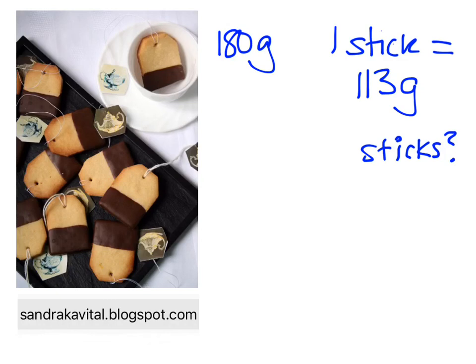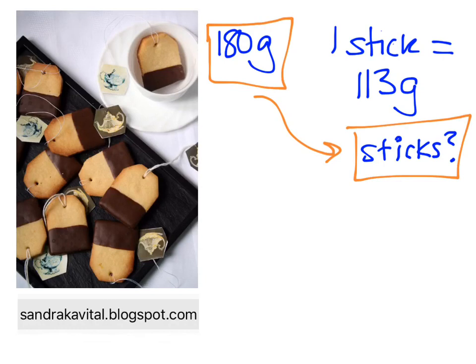You want to start with what's known, which is the weight in grams. Then if we follow the units, we're trying to end up with an amount in sticks. If you didn't know to look for a conversion factor, this would be a clue that you're trying to convert from grams to sticks, and then you can look that information up.